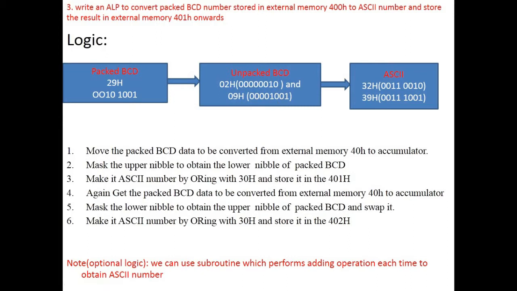First we have 29H, and we need to extract only the 2 digit, the higher nibble, from this number.